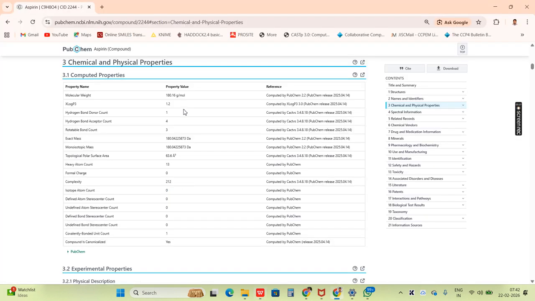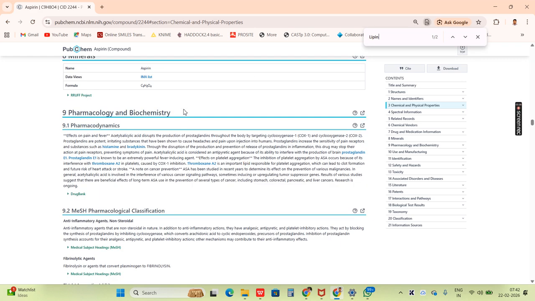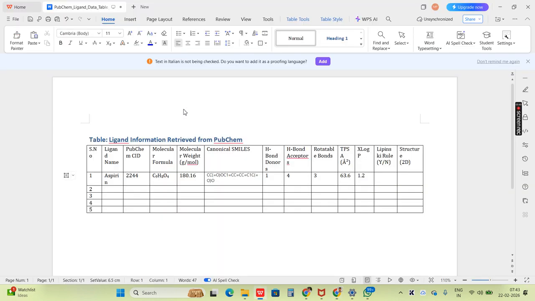Coming to the Lipinski rule of 5, it's not mentioned here, so let's check. It is usually not mentioned, but based on the properties, the molecular weight should be less than 500.